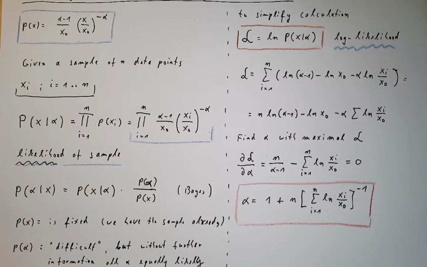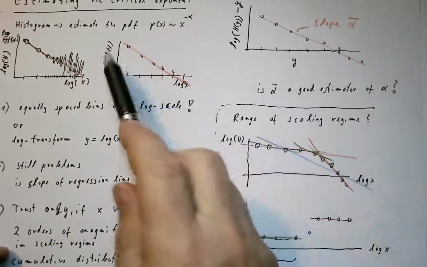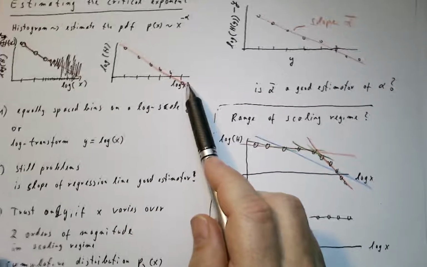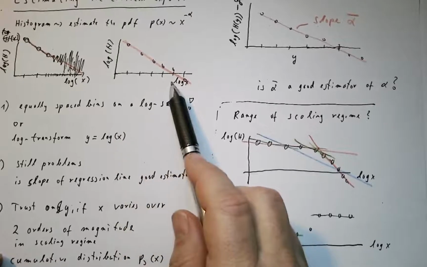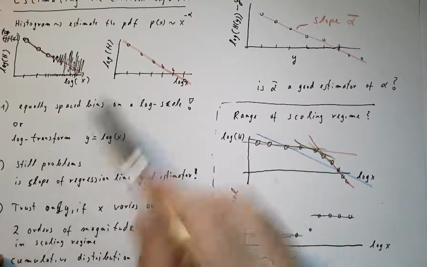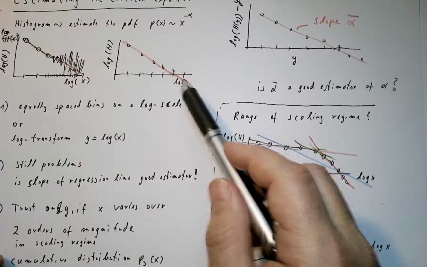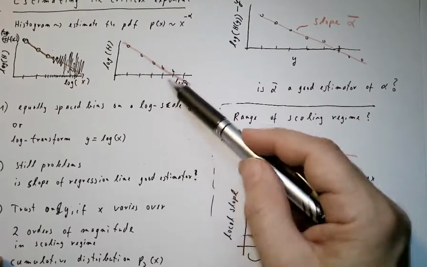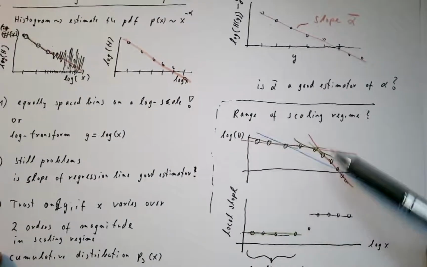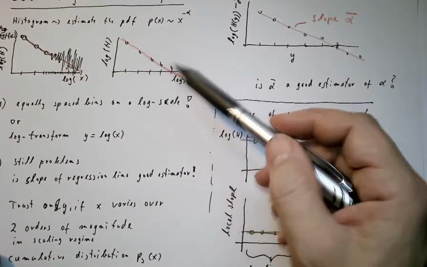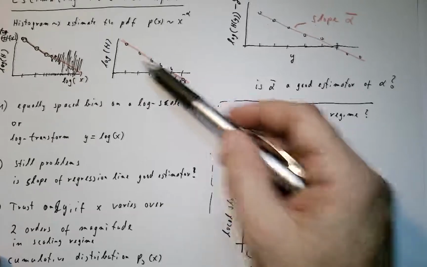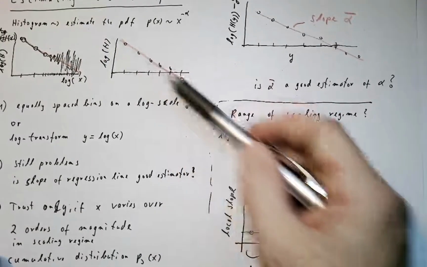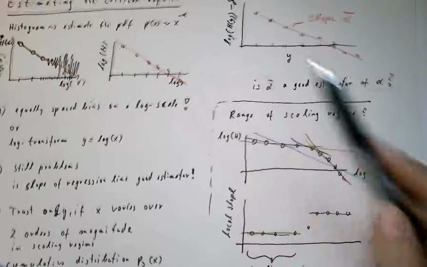And so now in practice, if you have a sample, my recommendation would be to construct the histogram with log-sized bins. Calculate the slope by a straight line fit to see what the order of the slope is, and look for a scaling regime. So what is the slope that you get from the graphical analysis?